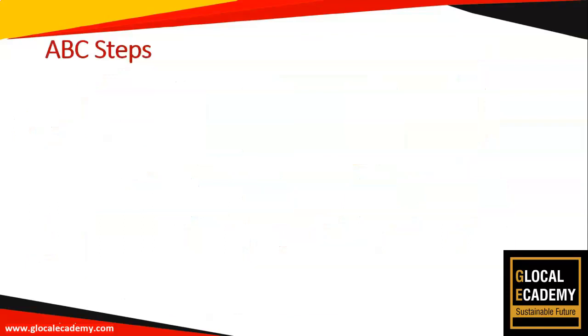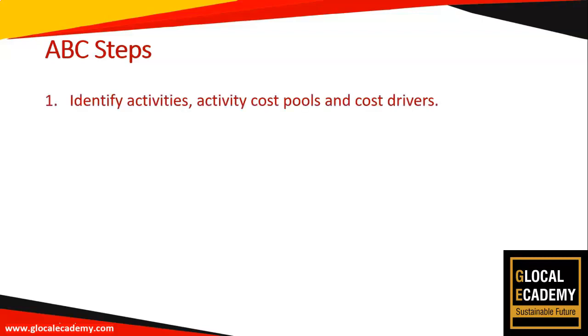For ease of application, the 2 stages can be further understood as 4 steps required for effectively implementing activity-based costing in an organization. This is a more applied, practical stage, where you as a consultant go to the company and develop the system.